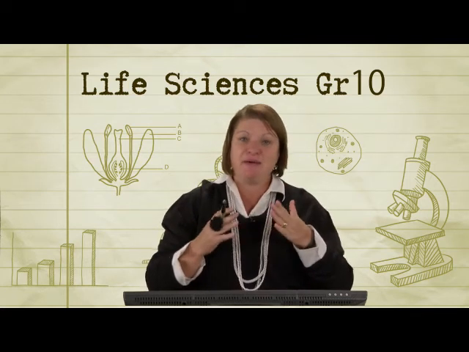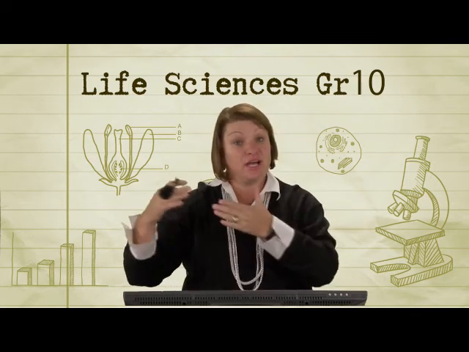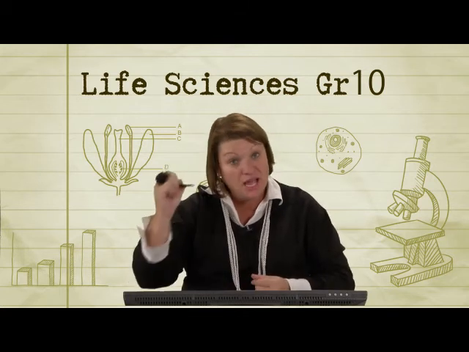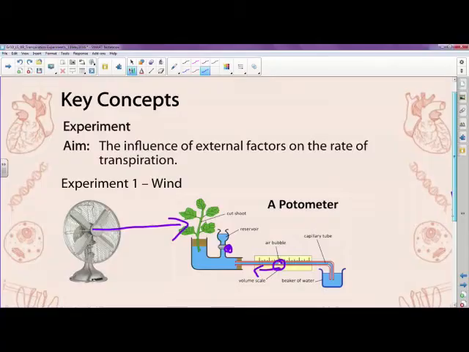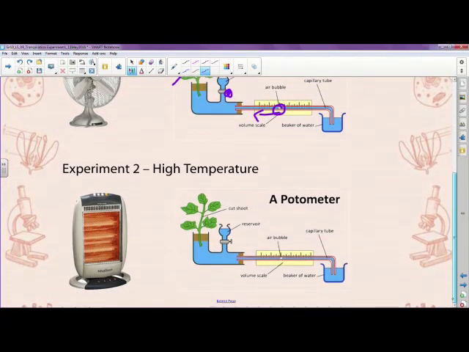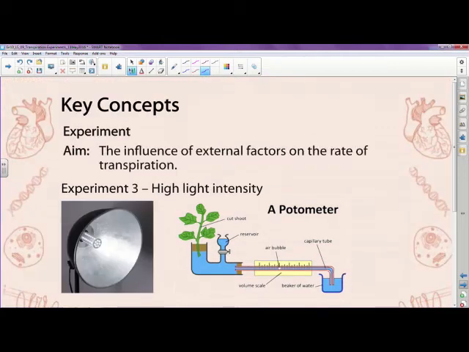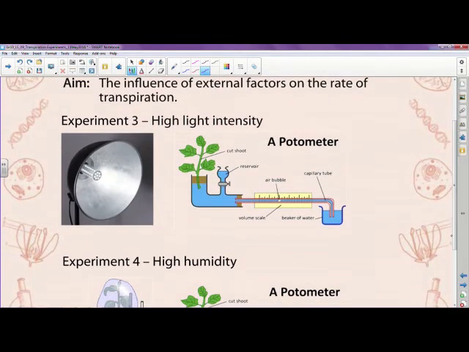I'm going to take my fan, conduct the experiment 3 times, and record in my table. I'm going to take a heater for high temperatures, put it in front, and conduct my experiment 3 times. Next, I'm going to take a bright light. There we go, nice and easy. All things that are quite easily obtainable.